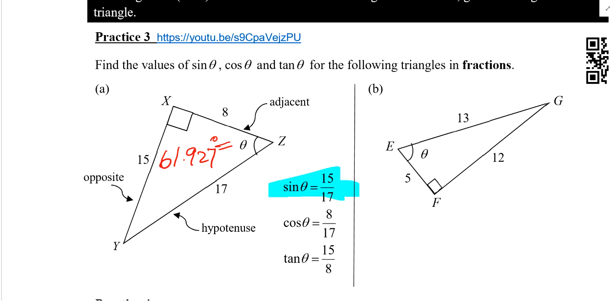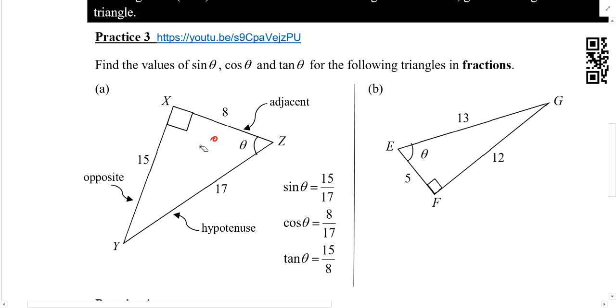I get the same angle. Of course I must get the same angle, because it is literally the same angle. And the last one, tangent inverse of 15 divided by 8, and we get 61.927 again. Same value. This is how we work backwards to get an angle.